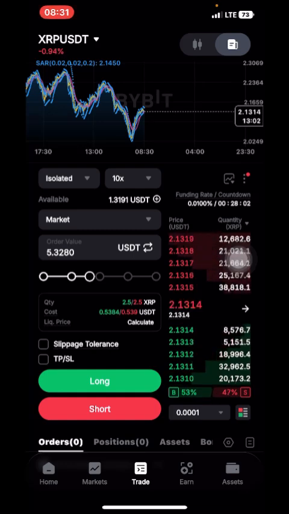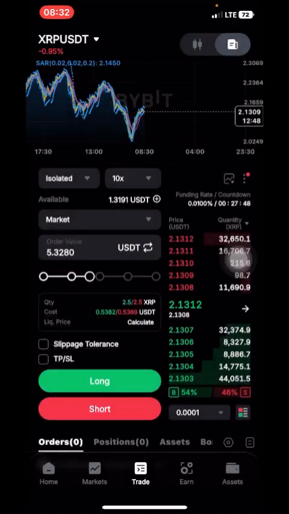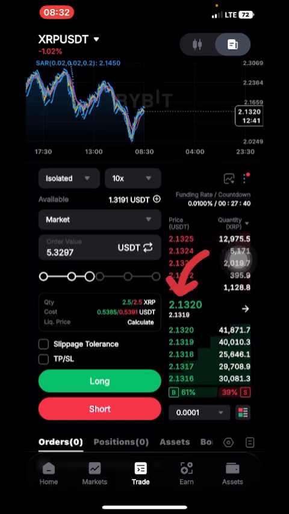Okay, so now let's go to the market aspect. We are using market. What does market mean? It means that you are executing your trade at the current market price. The market price of this XRP now is $2.13117 or thereabout. So if you're opening this trade, you're opening at this particular market price.